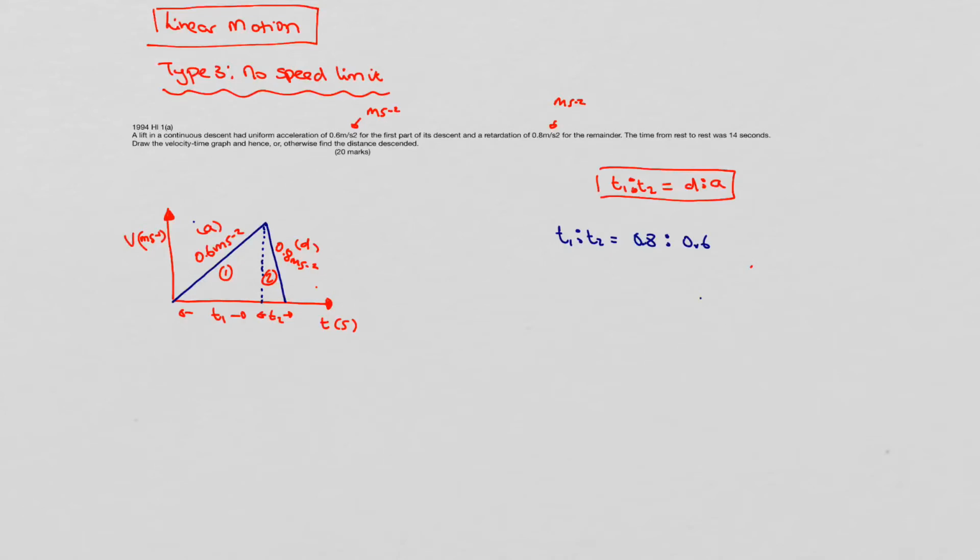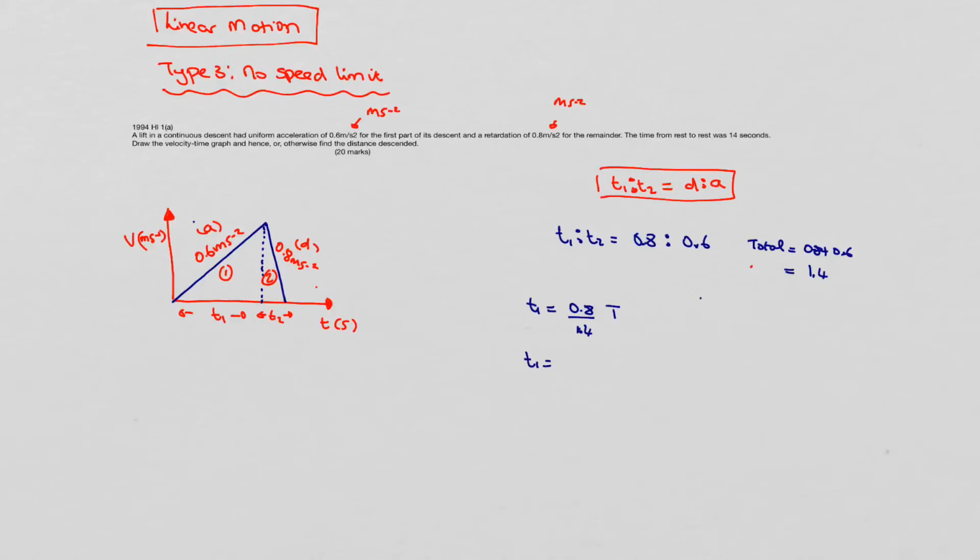So therefore, what that means is that the total parts is equal to 0.8 plus 0.6, which gives us 1.4. So therefore, T1 is equal to 0.8 over 1.4 of the total time.